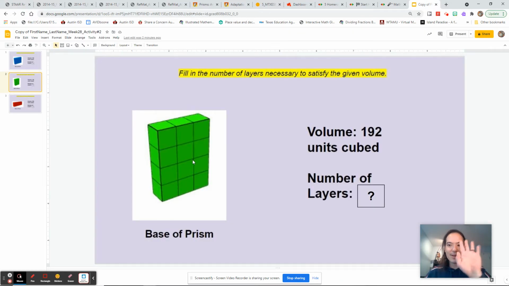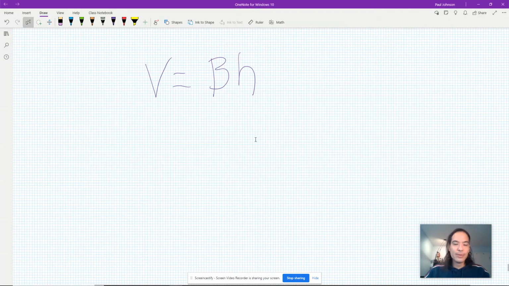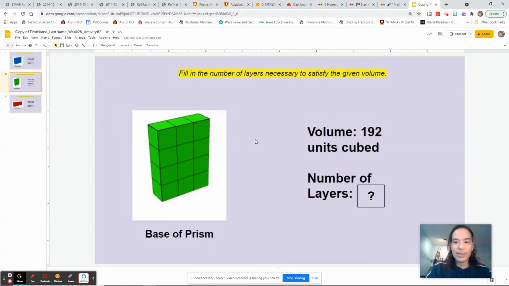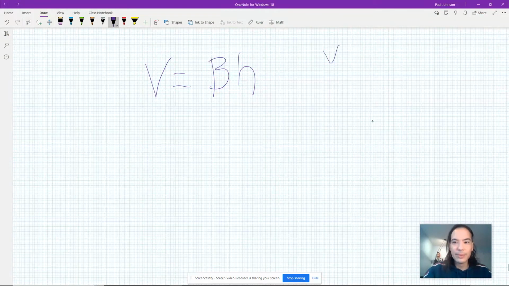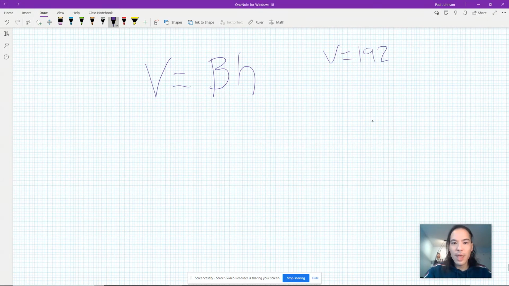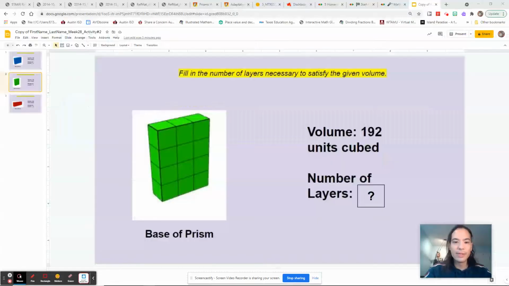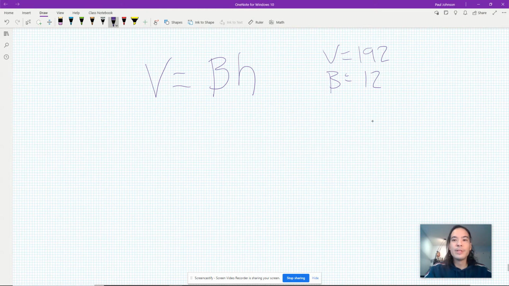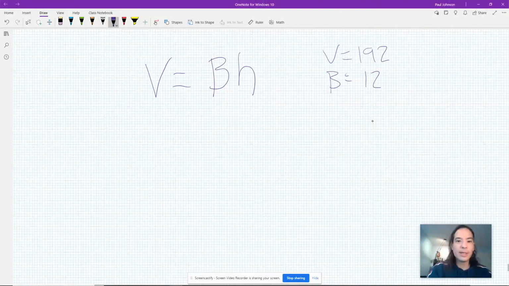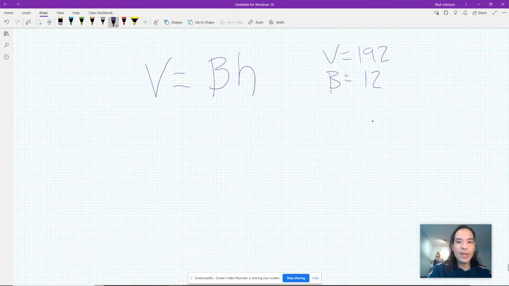Okay, so back to this. We have our layer. Knock it over. And we had 12. Oh, let me get all the numbers. My volume equals 192. And my base layer equaled 12. Let's double count. 1, 2, 3, 4, 5, 6, 7, 8, 9, 10, 11, 12. All right. So I'm going to plug in these numbers. For V, I'm going to plug in 192.